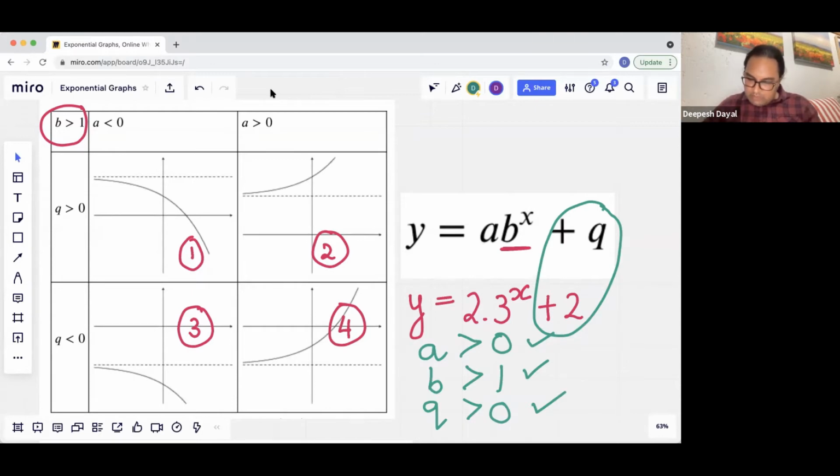Let's say y equals negative 2 times 3 to the x minus 2. Which one is this? 1, 2, 3, or 4? You can just let me know. Take your piece of paper and write down: what is a? What is b? And what is q?